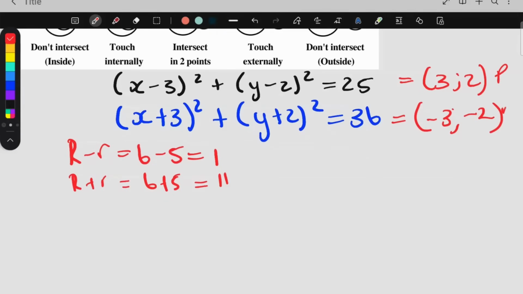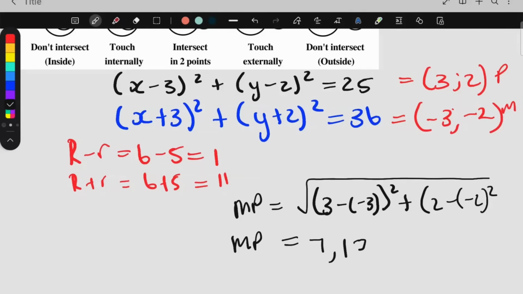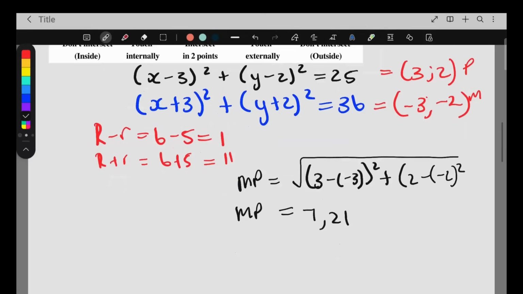This is circle P, this is circle M. So MP is equal to the distance formula: this x minus that x, everything squared, plus this y minus that y, squared, all in the calculator, and you should get 7,21 units. I'm going to write the distance down.